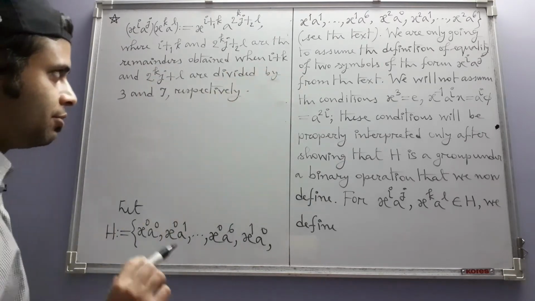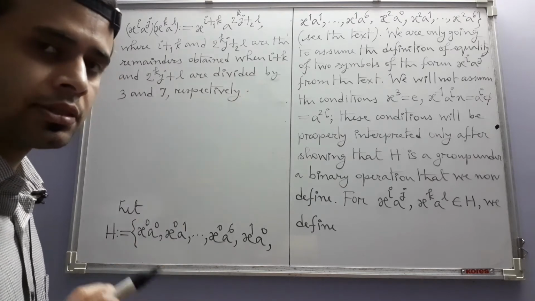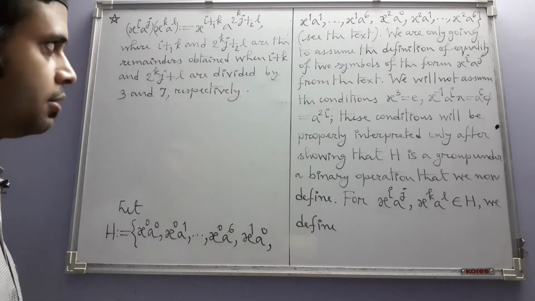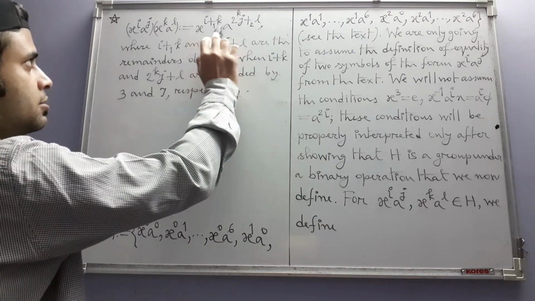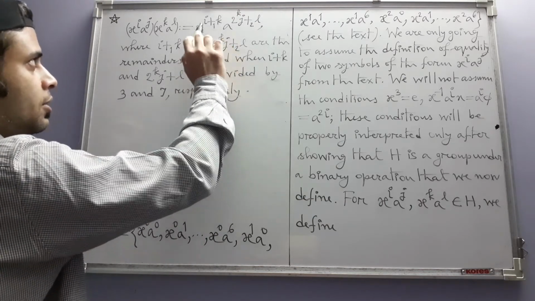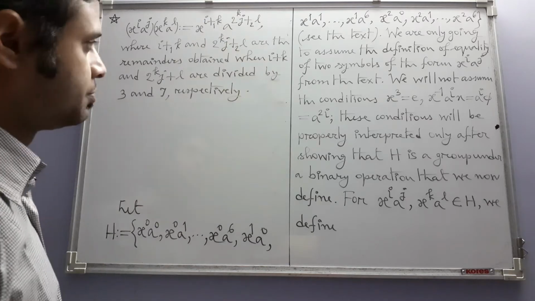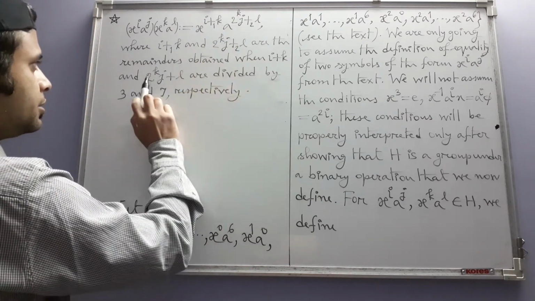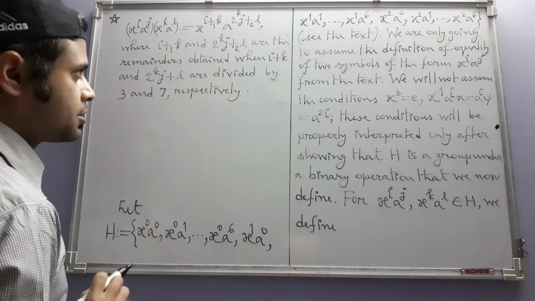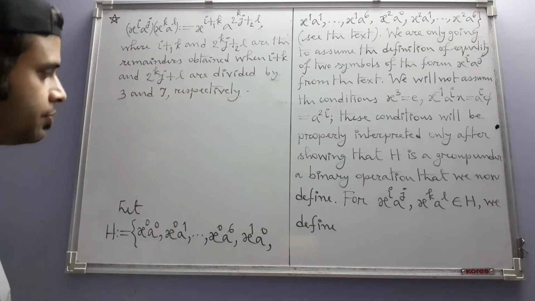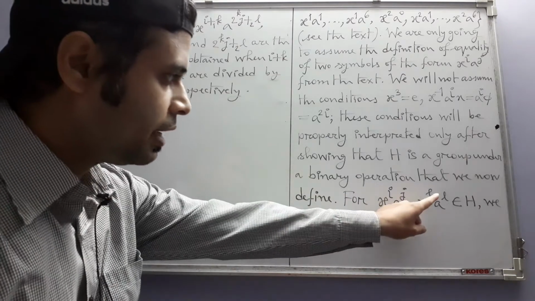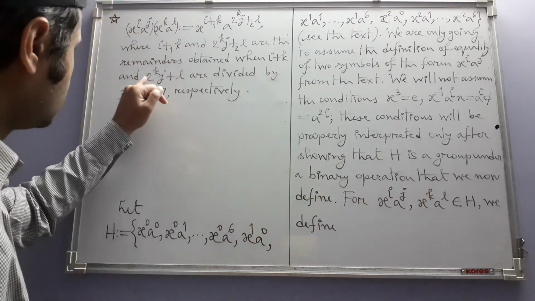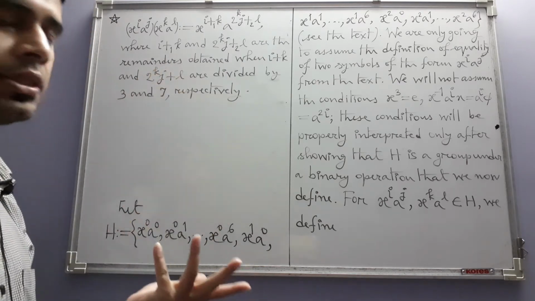Okay. Now, when someone divides the integer i plus k by 3, one gets a remainder. That remainder is this i plus k. Similarly, we have this integer 2 to the power k times j plus l, where because k is either 0 or 1 or 2, 2 to the power k itself is an integer.